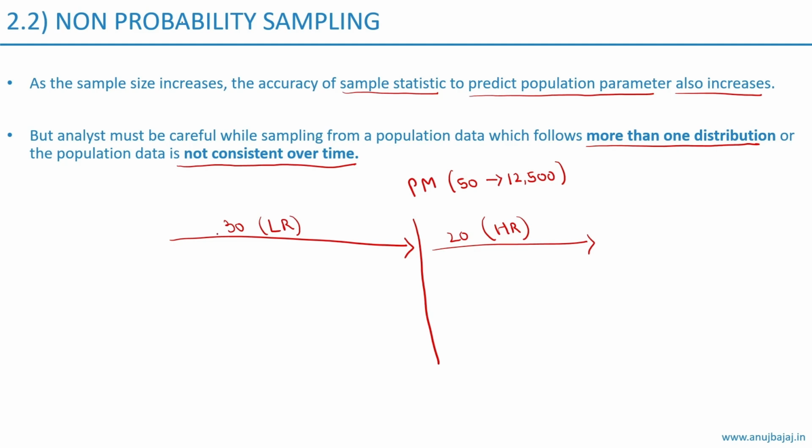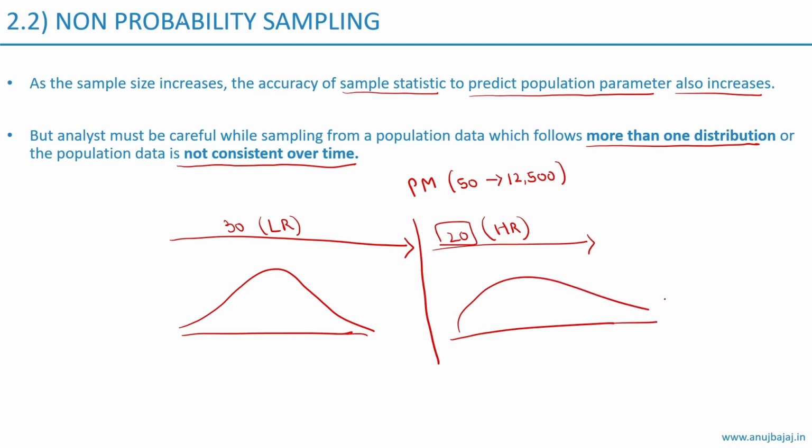So the population data in the first 30 years might not have the same characteristics as the population data of the next 20 years. The data in the first 30 years might follow a particular distribution, whereas the data in the next 20 years might follow a different distribution. So creating a larger sample size to represent the entire 50-year population data might not be accurate.